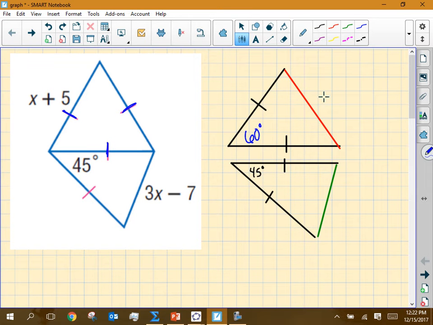So I'm going to put x plus 5 right there. You might have to jockey around distances here in order to make a correct argument, but using all properties that we've talked about in the past. Now, we also have 3x minus 7 there, correct?